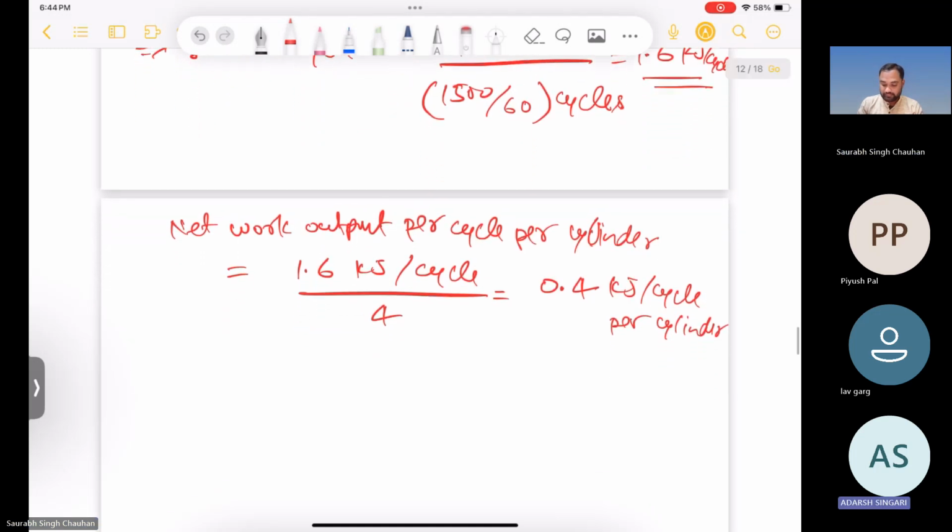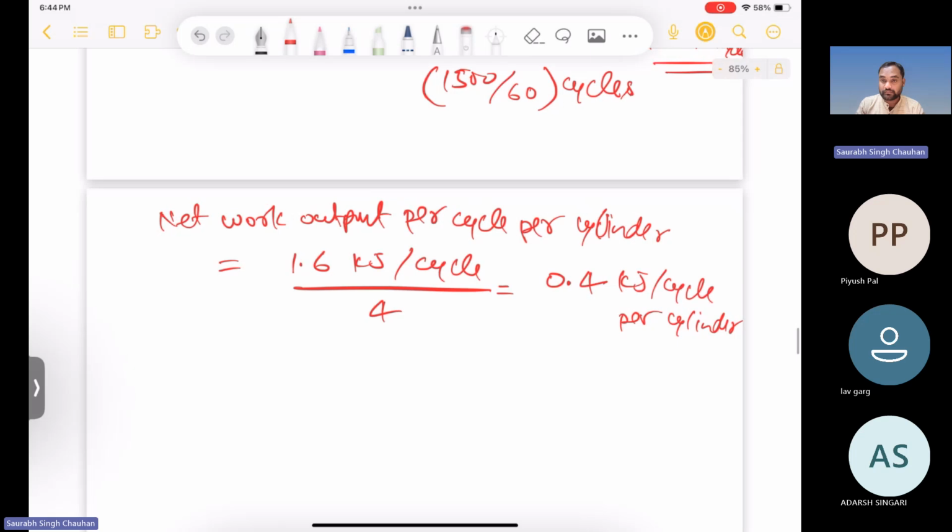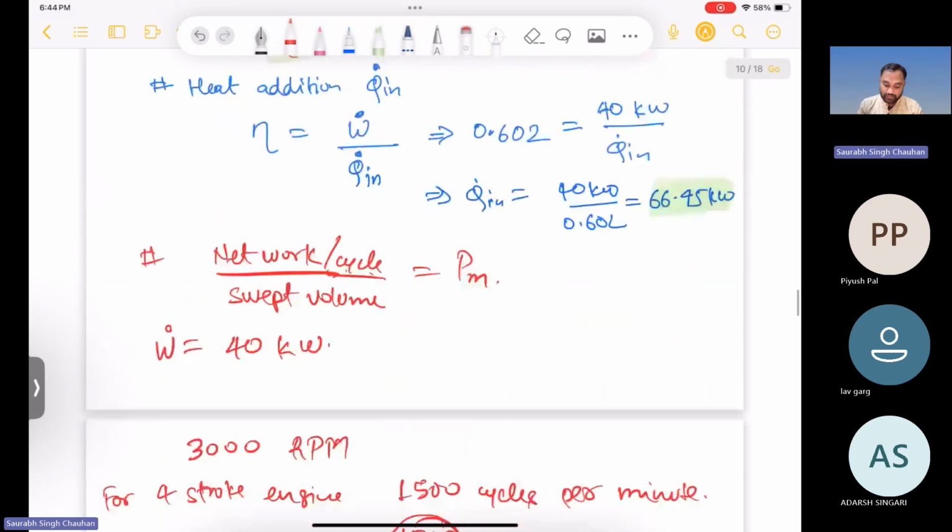So mean effective pressure will be 0.4 divided by swept volume. Where is the swept volume?